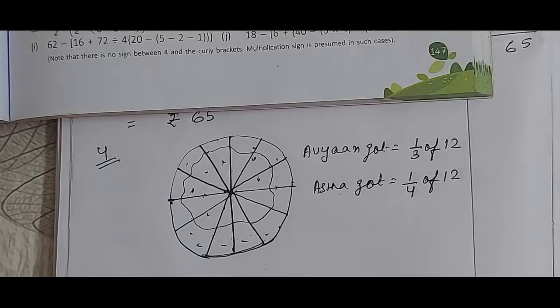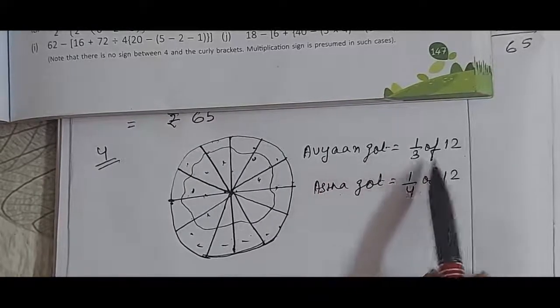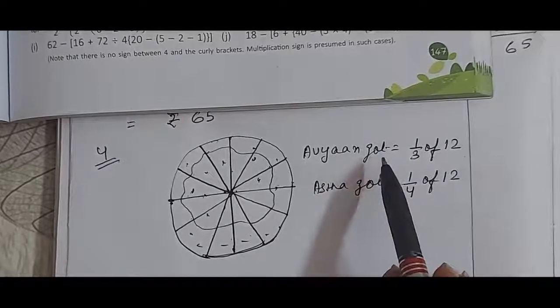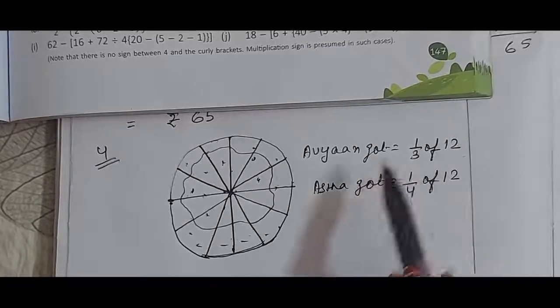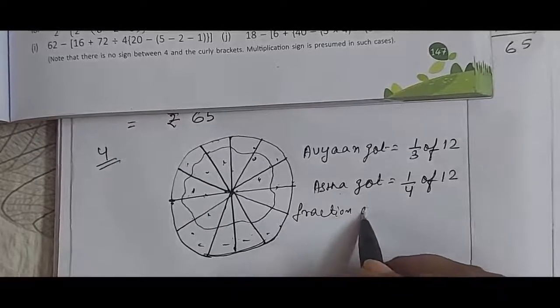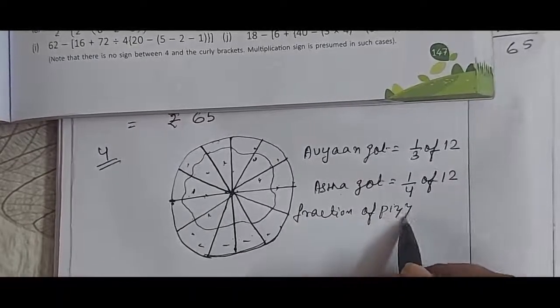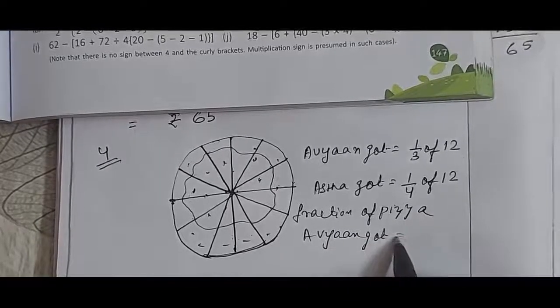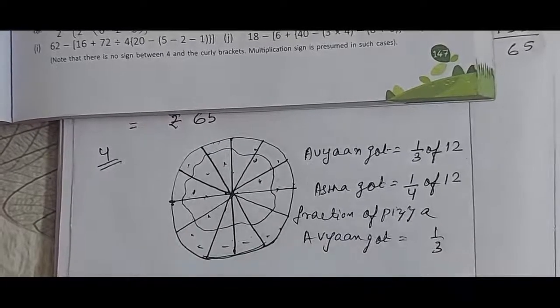Now here we will write what is the fraction of pizza Ayan got. This is 1/3 of 12, means it is the number of parts of pizza that Ayan got, the number of pieces of pizza you can say. But if we say fraction of pizza Ayan got, that is equal to 1/3. It is given clearly.